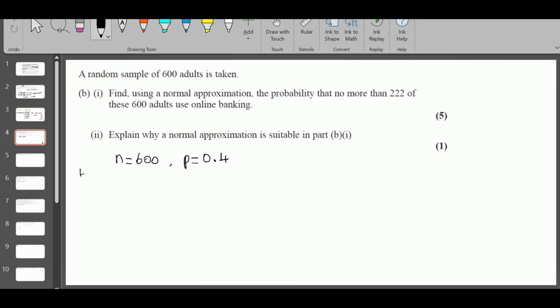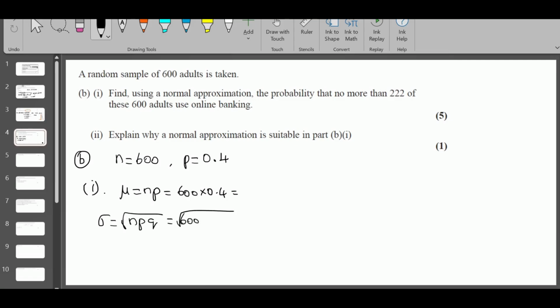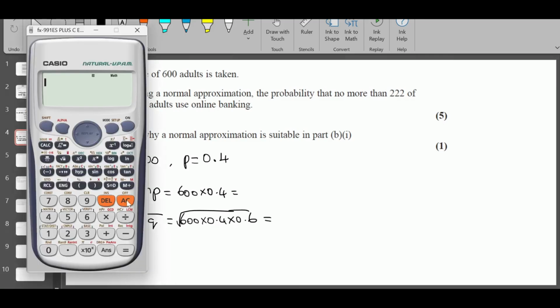So for part B i, mu is np, which is 600 times 0.4. Sigma is the square root of npq, which is the square root of 600 times 0.4 times q, where q is 1 minus 0.4, 1 minus p.